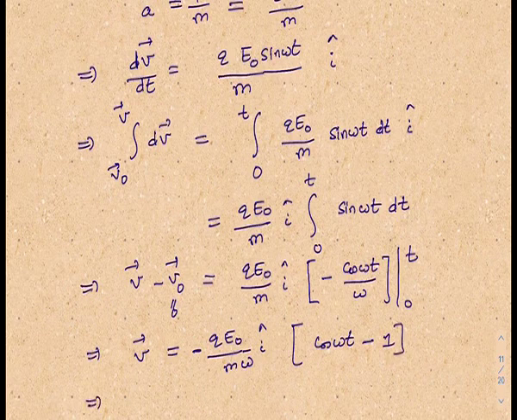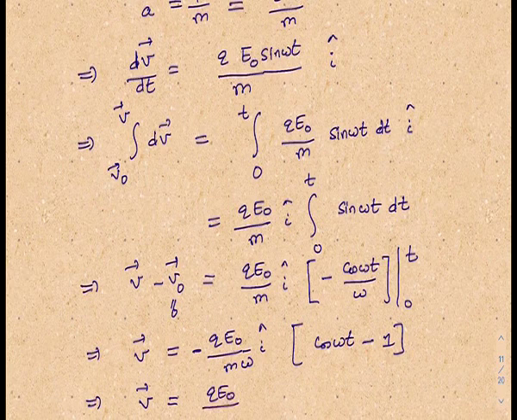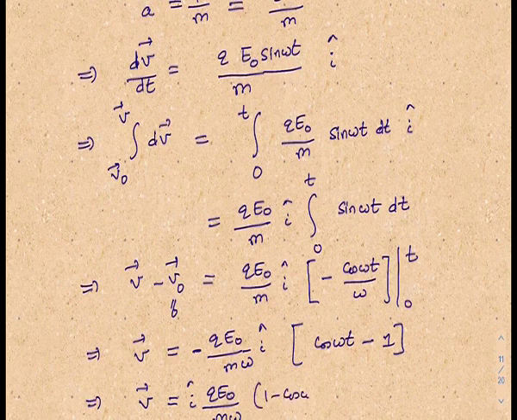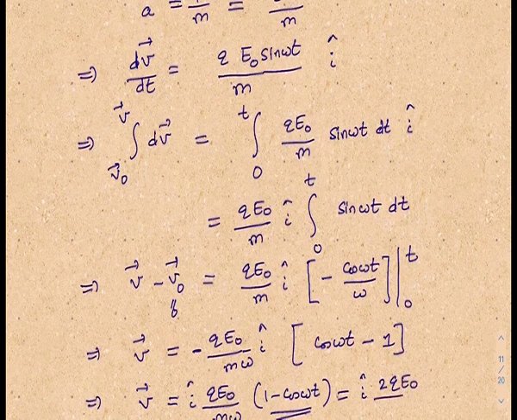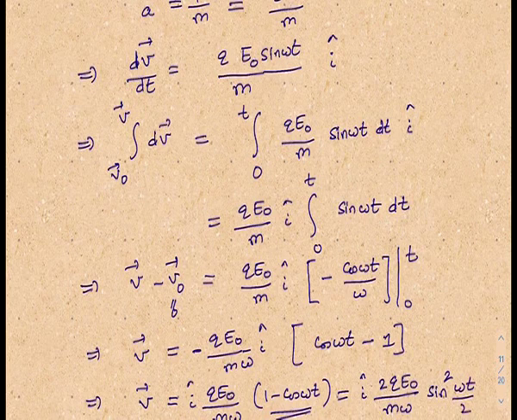So v is Q E0 by m omega along the x direction, times 1 minus cos omega t, which I can write in a single term as I cap times 2 Q E0 by m omega times sine square omega t by 2.